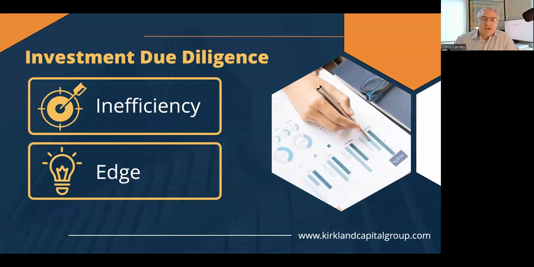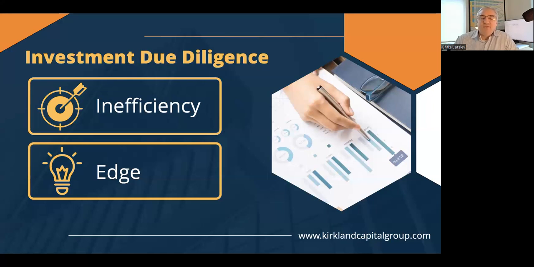Secondly, you've got to dive in, you've got to understand the edge, and that's the team. And this is where it can get a little bit more complex. Sometimes, if you can't understand the investment, you should probably just walk away, because you're not going to be able to define what the inefficiency is if you can't understand the base of the inefficiency and where the returns are coming from. But once you get that comfort level, you've got to dive into what I think is really hard, which is the team.